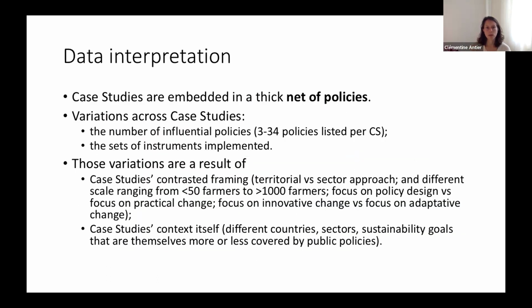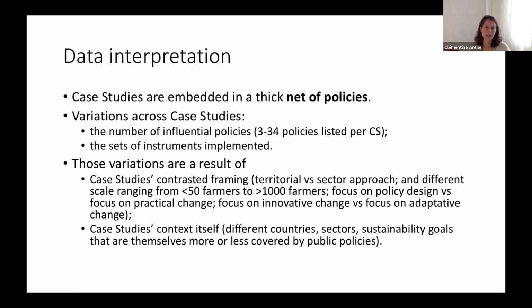So just as a little wrap up of this part, we see that case studies are embedded into a thick net of policies. This, I think, is quite clear. There is a significant variation across case studies, which I already mentioned, both in the number of policies, but also in the types of instruments implemented.